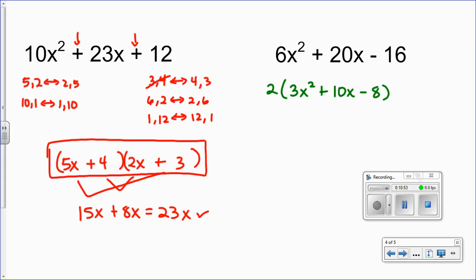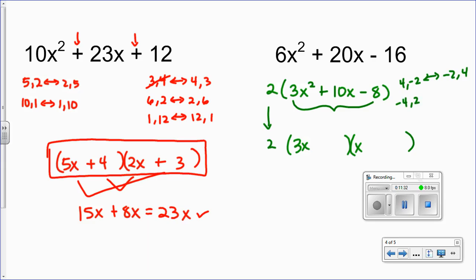So now I'm looking at this trinomial here. The numbers are smaller, it's just going to make it easier to factor. I will just bring that 2 down. It's just going to hang out front. Okay, so the only factors of 3 are 1 and 3. So 3x and 1x. And I need factors of negative 8, so 1 positive, 1 negative. So 4 and negative 2, which could be negative 2 and 4.